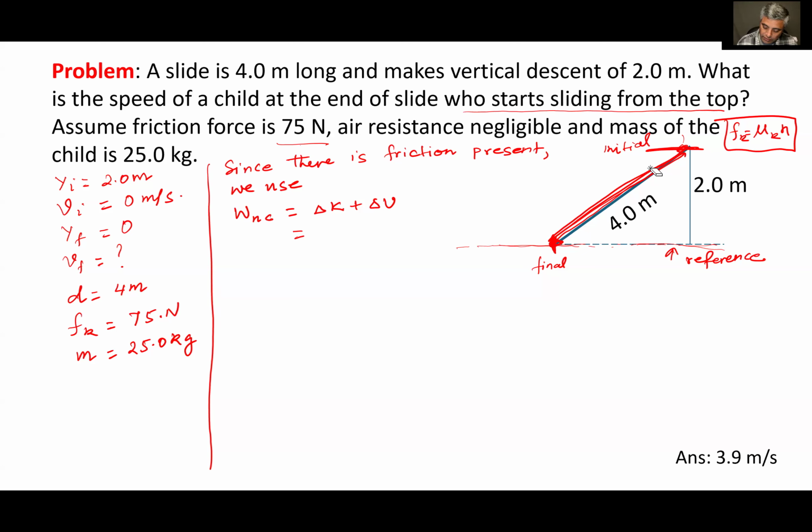So first, let's look at the work done by the friction force here. The kid is sliding down. To find the work done by a force, we need to draw the F-D diagram, right? So the friction force is going to be up and displacement is down. So the angle between them is 180 degrees.